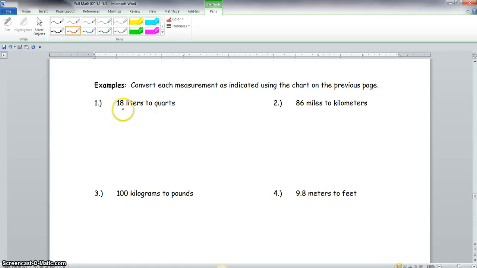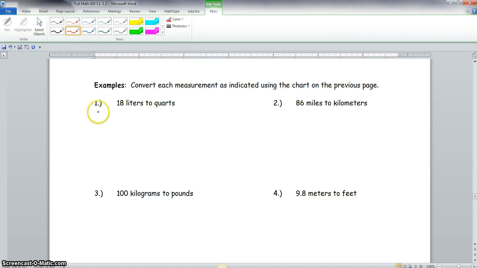Now we want to go from 18 liters to quarts. So the first thing we need to do is find liters on your chart. Now if you're using the sheet that's above this, we need to go from liters to quarts. So what you would look under is capacity, and it would be the last value.